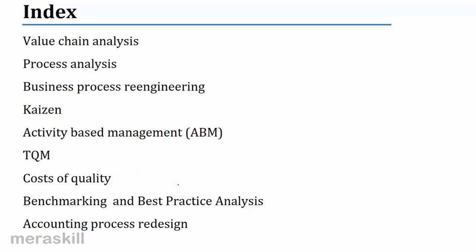Again, we'll move on to benchmarking and best practice analysis. Benchmarking, what is benchmarking? We compare with certain standards. Some standard can be compared with, where do we stand. And what is best practice analysis? The best practice of a particular function, which company, which organization, which industry has the best practice, can we try and emulate the same, do the same.